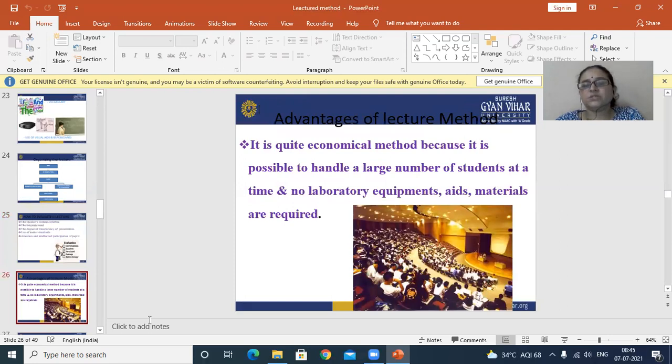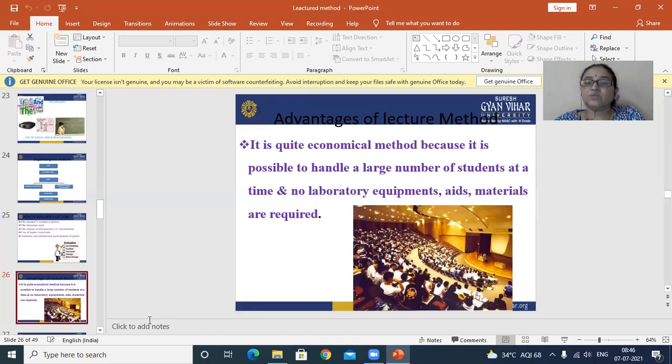Now we will discuss advantages of lecture method. After advantages of lecture method, we will discuss disadvantages of lecture method. It is quite an economical method because it is possible to handle a large number of students at a time. No laboratory equipment, aids, material are required.